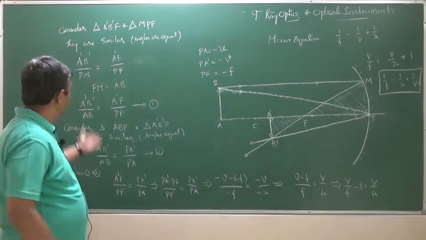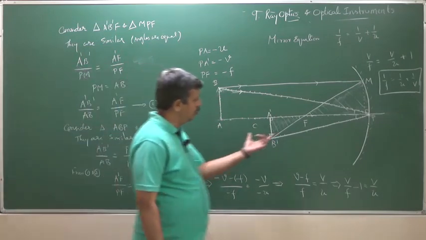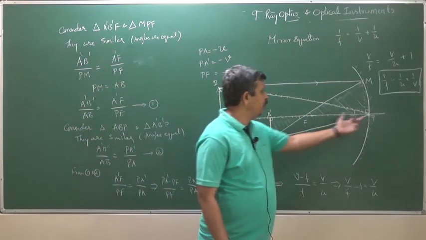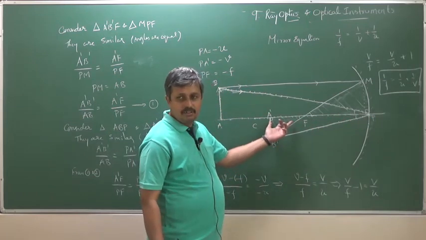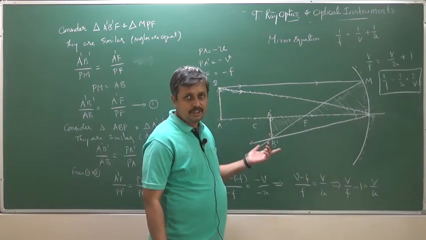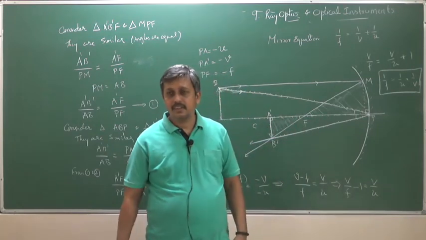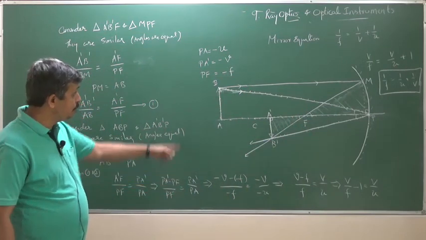Okay, so you equate the right hand side, and the crux is A dash F, you have to write it as this whole length minus this length, because that length we don't know. We know only object distance, image distance, and focal length. So this is image distance minus focal length. So that kind of a thing you write, and then you substitute properly.